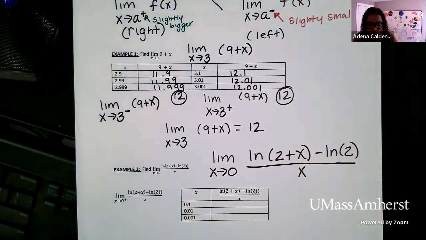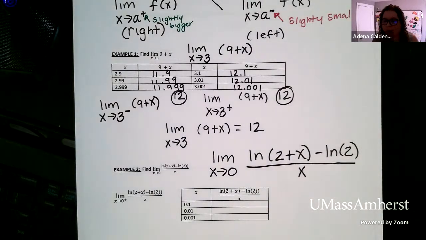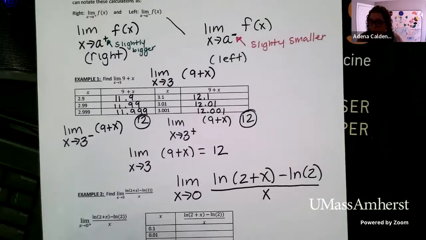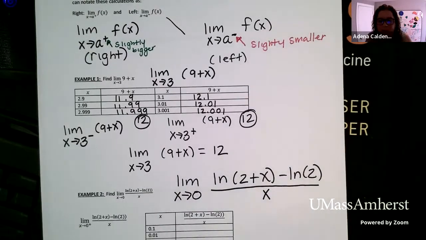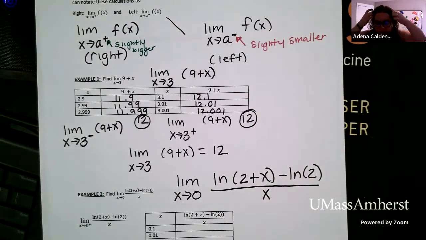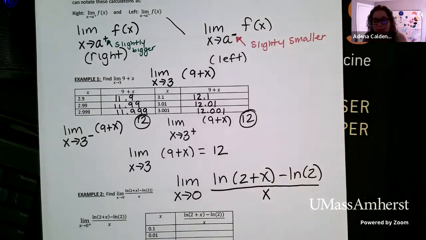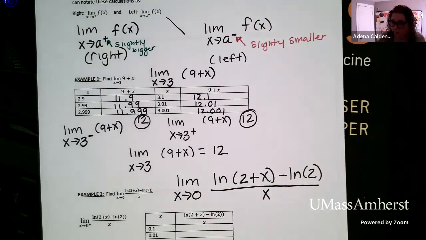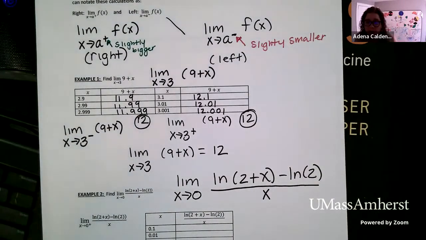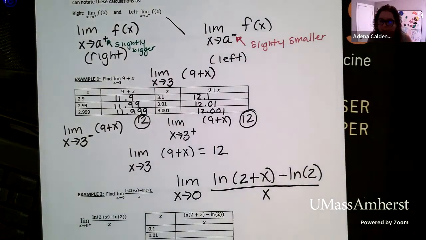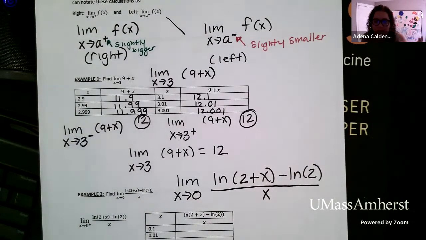Okay, so you may not know what the limit is as x goes to 0, because if you just tried to plug in 0, you get 0 over 0. And whenever you have 0 over 0, that means you have something that you don't know what it is. It's an indeterminate form. Okay, that doesn't mean it's 0 or infinity. It just means that we don't have any information and we need to do something else.